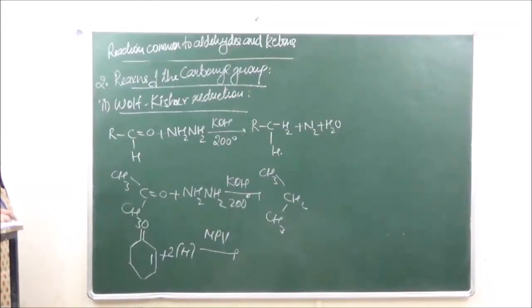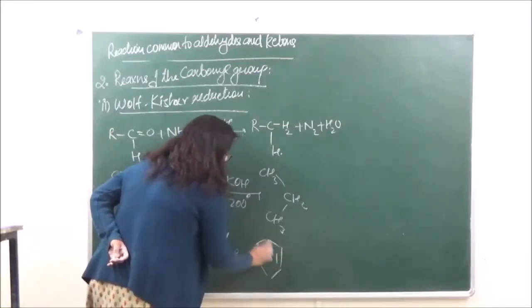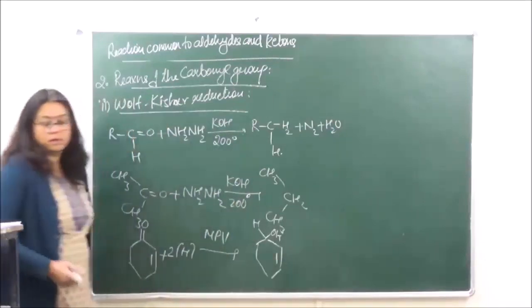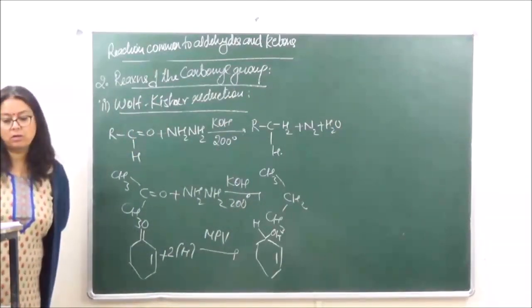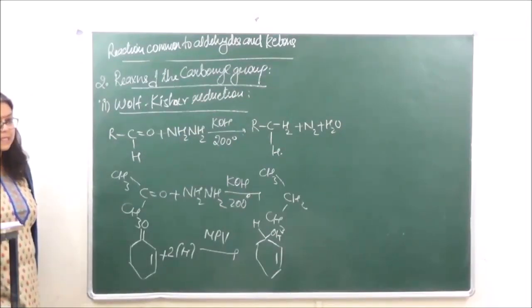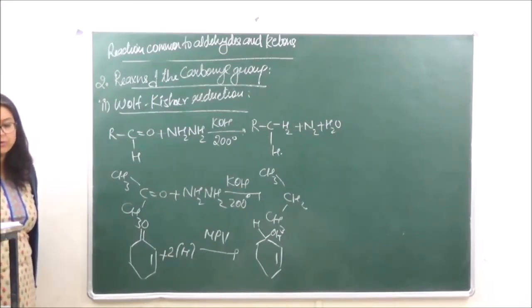Now in this case, instead of getting a hydrocarbon, we are going to get an alcohol. This is cyclohexen-1-ol. Is it clear? So these are the types of reactions which we are going to do today.